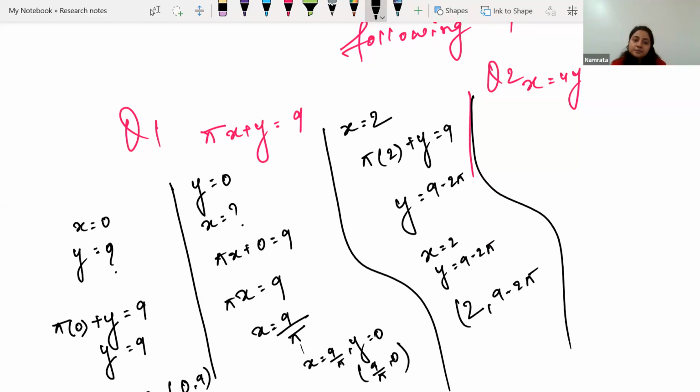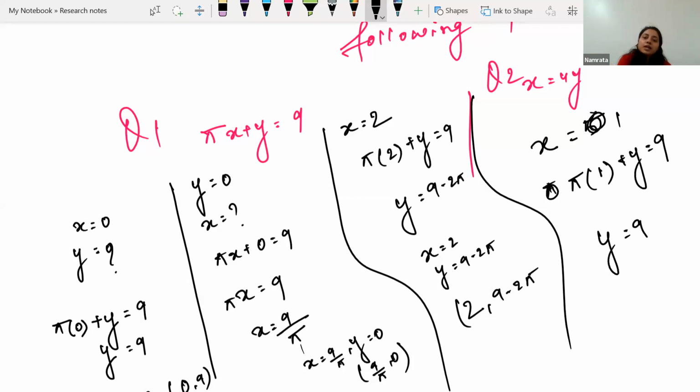Now the fourth one. You can take x as any number, say 5, or 1 also, any random number for x. So pi x, that means pi times 1, plus y is equal to 9. So y will be 9 minus pi.